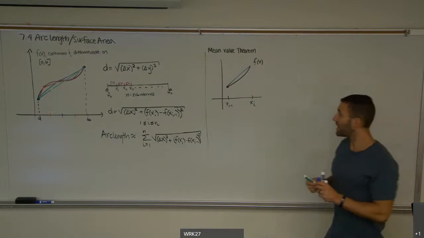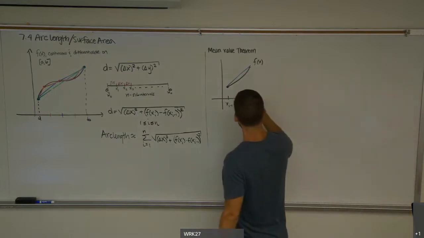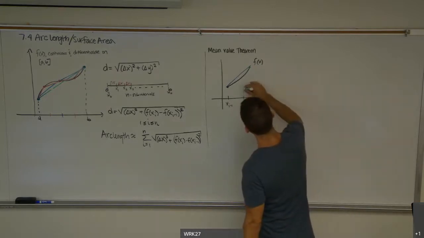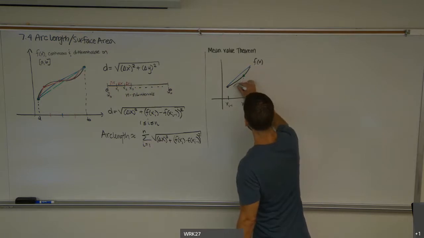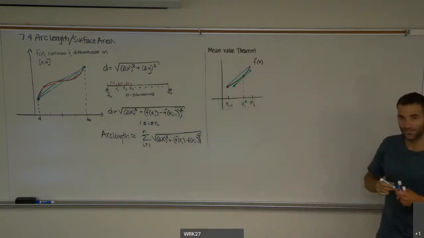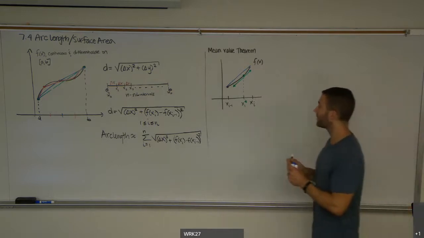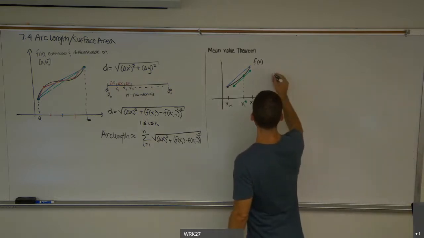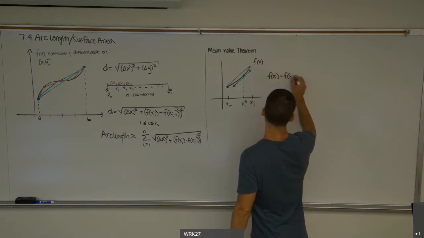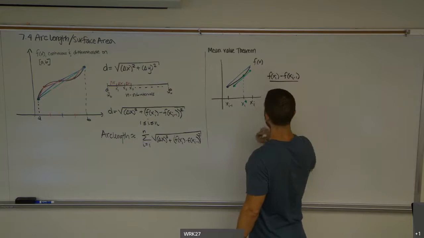The mean value theorem guarantees you that there is some point, I'm going to call it x sub i star because he's special. There's some point x sub i star in this interval where the slope of the tangent line is equal to the slope between the endpoints. And so let's write that out. That tells me the slope between the endpoints, which is the change in the y-coordinates over the change in the x-coordinates.